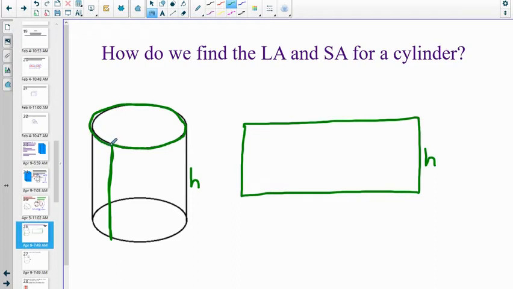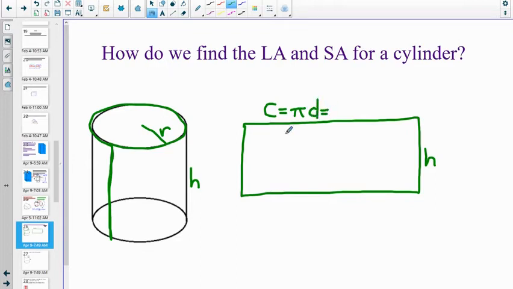The distance around a circle is the circumference. And so if I know what the radius of this shape is, or if I know what the diameter is, this distance is the circumference of the circle. You could say that that's pi times the diameter, because that's how we defined pi.